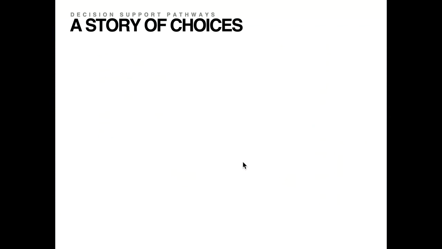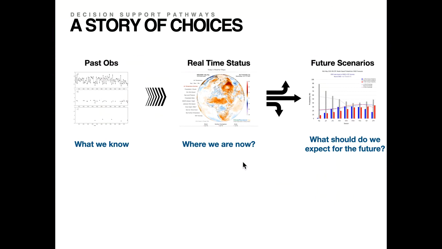Now, the typical decision support pathway could be simplified into a three-step process. In the first step, we put all the known knowledge, what we know about that specific process, for example, using past observations.